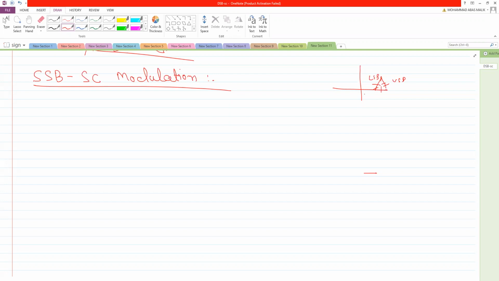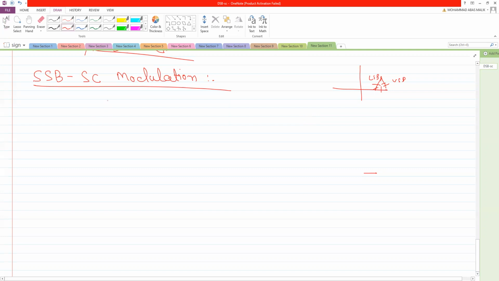So if the carrier and one sideband are suppressed, we have only 10 minutes, so I will just try to wind up this. If the carrier as well as one sideband are suppressed at the transmitter, no information will be lost, because ultimately we are dealing with information, but much more power will be saved.